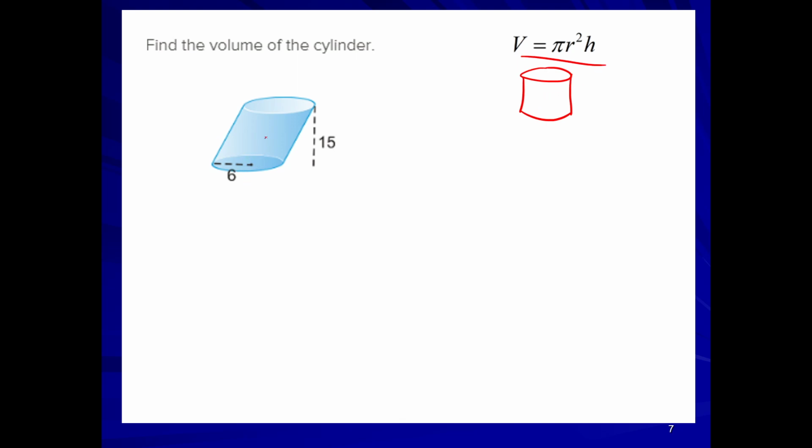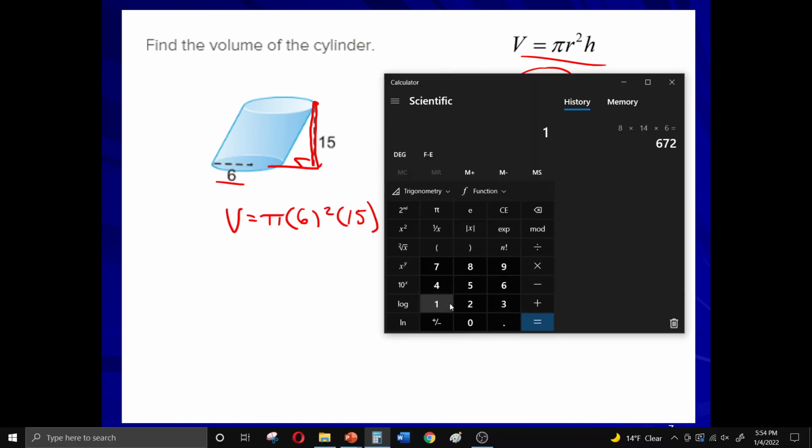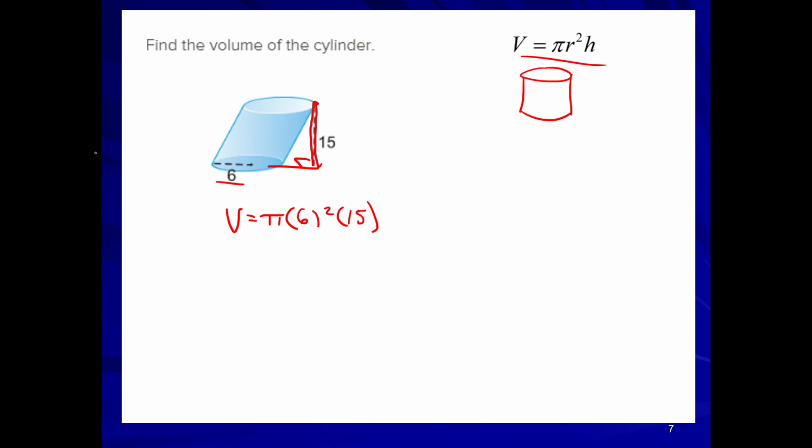Okay, well, even though this is a slanted cylinder, we can still do the same thing. Pi, they're giving us the radius, and they're giving us the height. Now, height goes straight from the top of the thing down to the bottom, or down to the base, rather. Okay, and then when we clean that up, and let's just use our calculator, 15 times 36, 540. Please leave the pi.